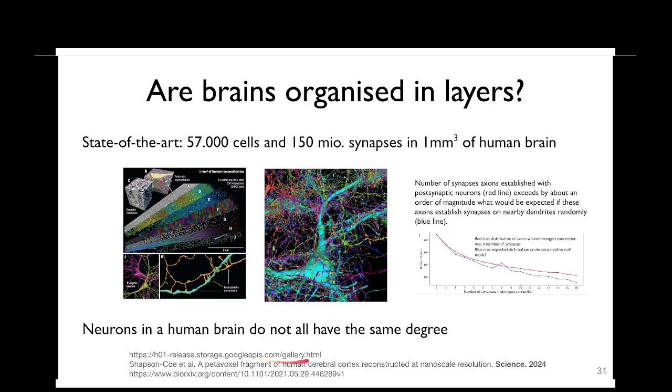It's listed over here. They allow you to interactively fly through this maze of neurons and connections that you can find. And again, same story as with the other brains. When they map the number of synapses and their degree distribution, then this is also not that all of the neurons have the same degree.